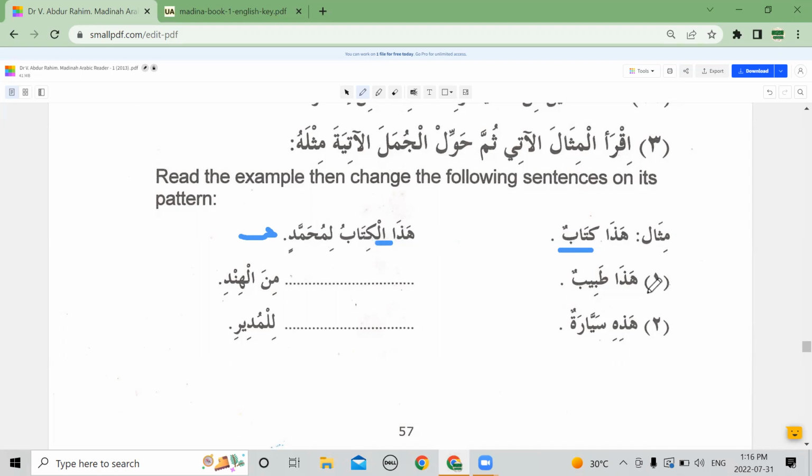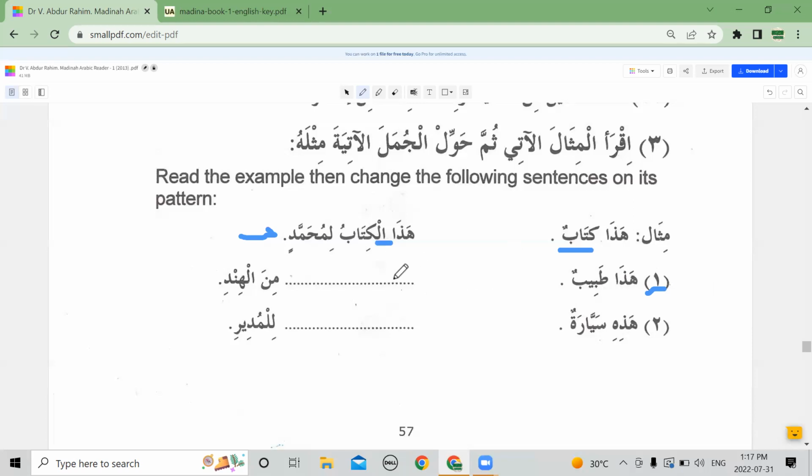So the next one here, number 1. Go ahead. هذا طبيب من الهند. So this is a sentence. What does هذا طبيب mean? This is a doctor. Okay.